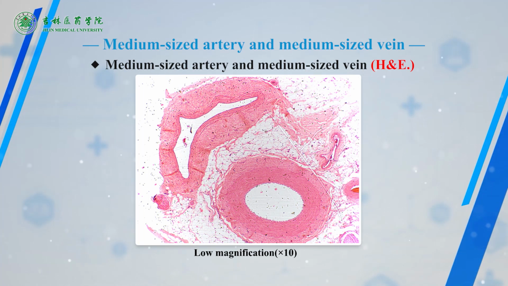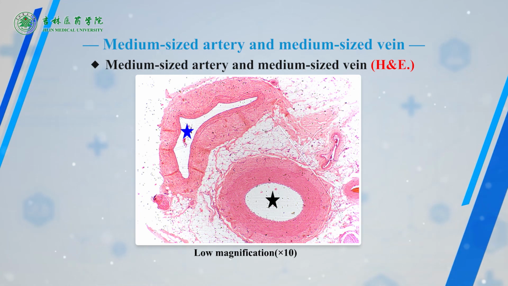One, which is deeply stained red and has a thick wall and regular round lumen, is the medium-sized artery. Black star indicates another, which is slightly stained and has a thinner wall and a relatively large, irregular, slightly collapsed lumen; this is the medium-sized vein. Blue star indicates.